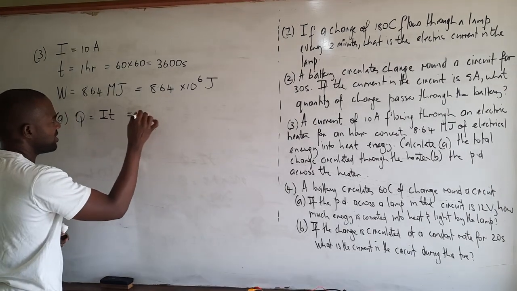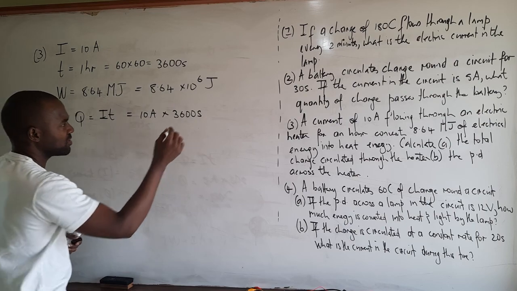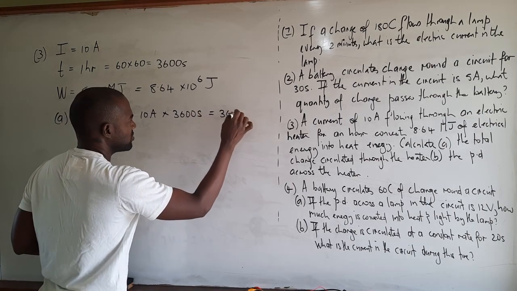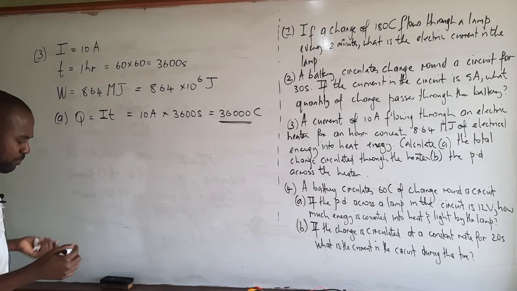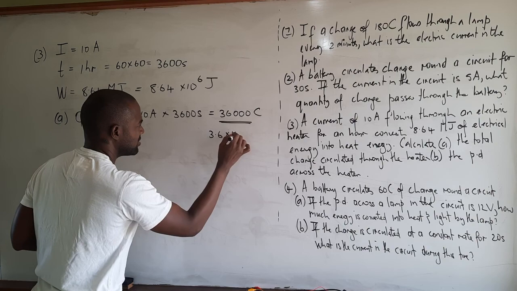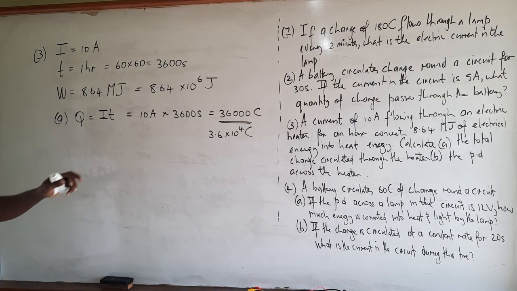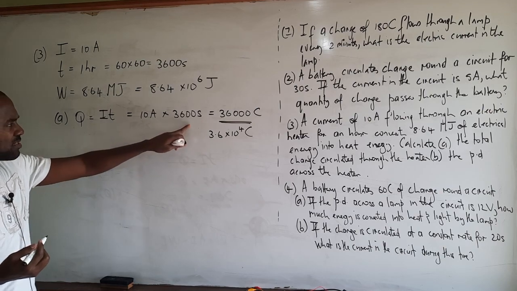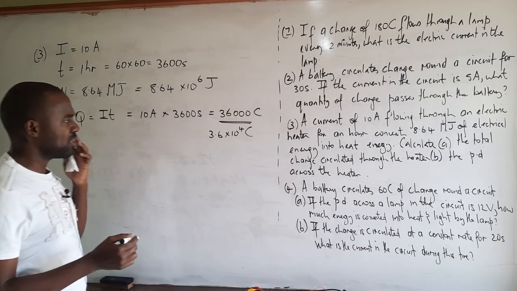This gives us 10 amperes times 3,600 seconds, which gives us 36,000 coulombs, or in standard form, 3.6 times 10 to the 4 coulombs. Once again, we're multiplying current in amperes by time in seconds, and that gives us charge in coulombs.